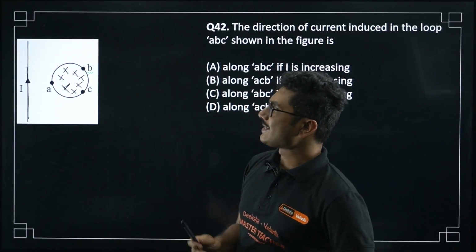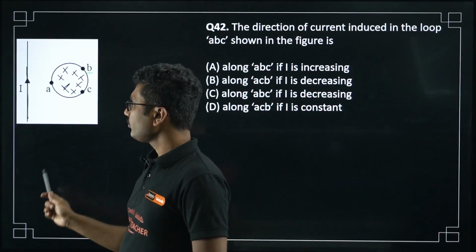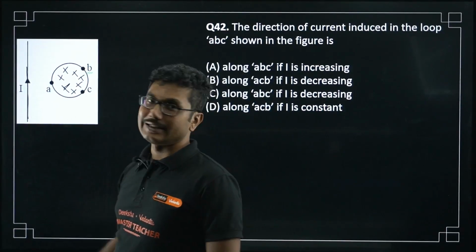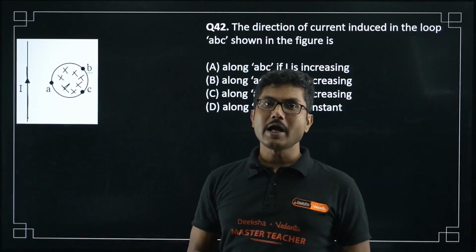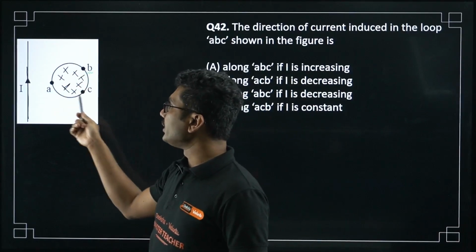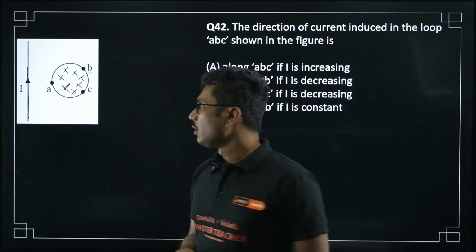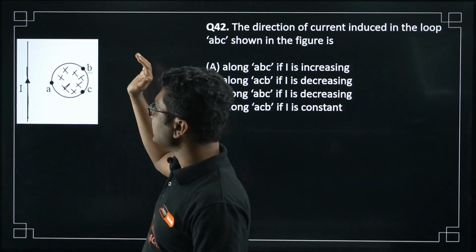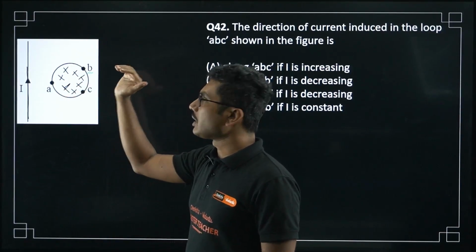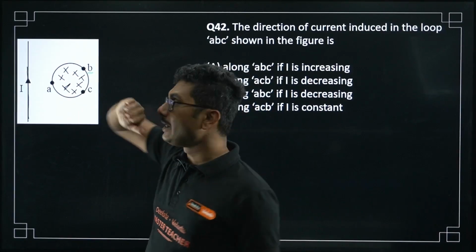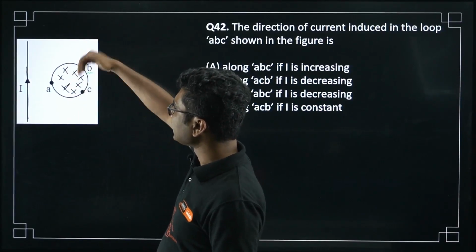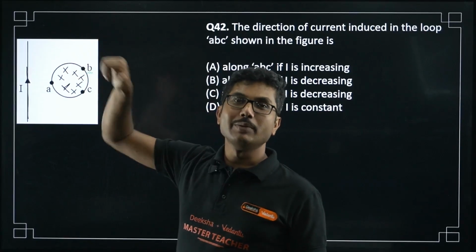Now you have to understand that if the current I is increasing, then the induced current will oppose the original magnetic field. It's a circular coil, so how to find the direction of the magnetic field? Curl your fingers along the circle and your thumb will point in the direction of the magnetic field.